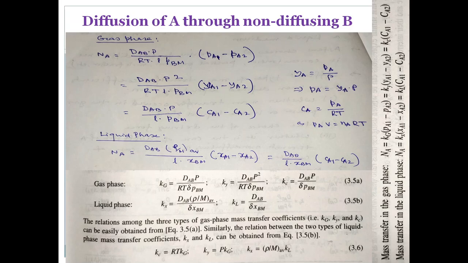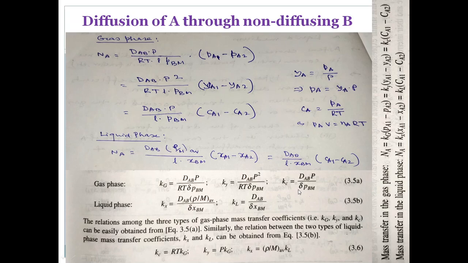But getting this delta, that is the boundary layer thickness, is very difficult. Still now, no theories have been developed which can predict the accurate boundary layer thickness delta, and this is the most uncertain thing.